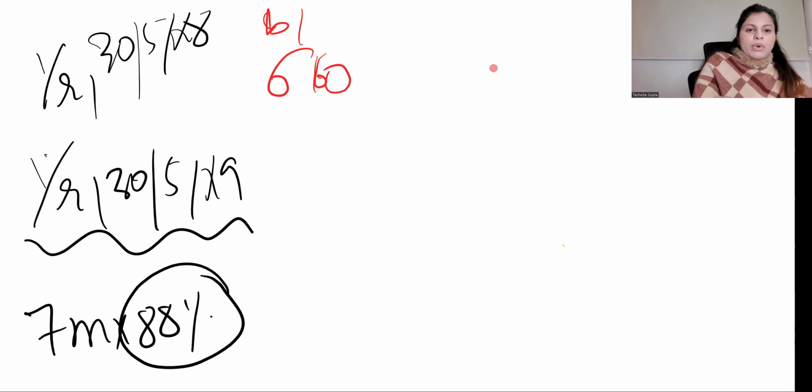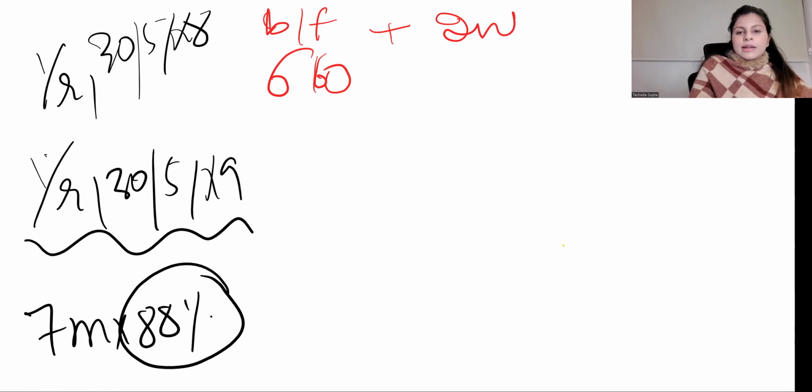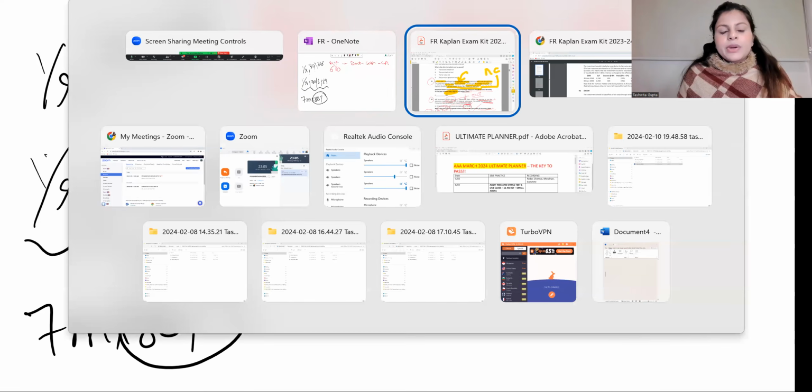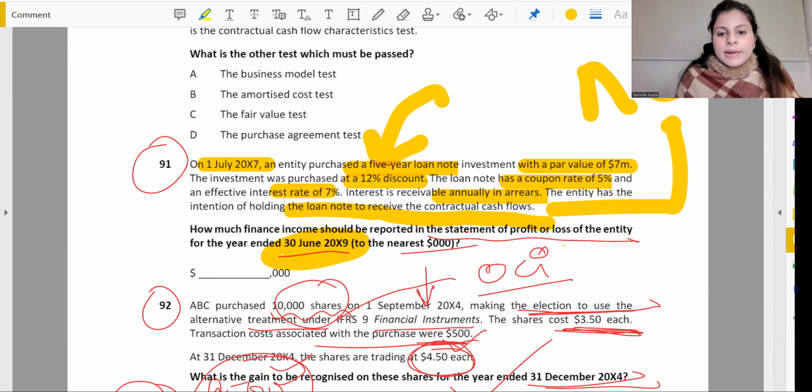So brought forward opening asset plus interest minus cash received gives you closing asset. So what's my effective interest rate as per the question?